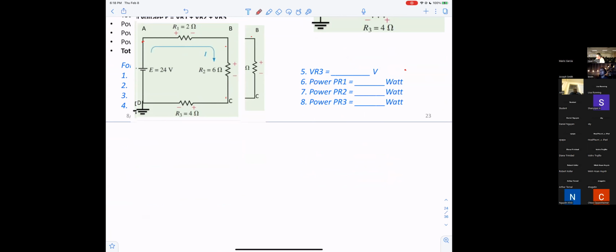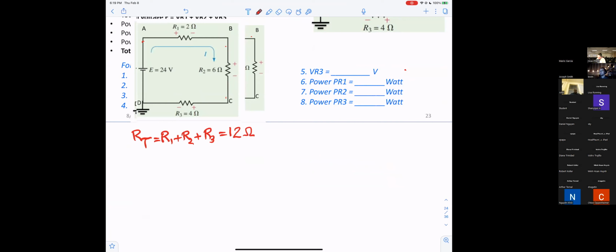First thing, you see the circuitry theory. I want R total, and we know they will be R1 plus R2 plus R3. So 2 plus 6 is 8, plus 4 is 12 ohms.